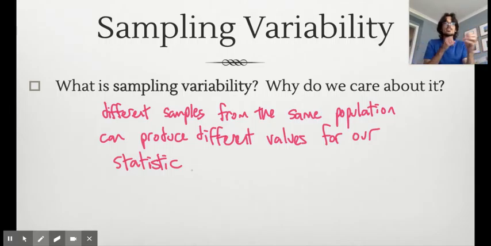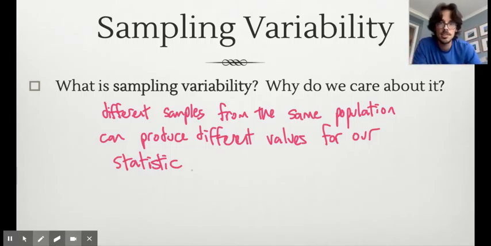So there's going to be some difference between your version and my version, even if we're pulling from the same population. That's the idea of sampling variability. It doesn't mean that you or I or anybody did something wrong. It's just kind of common sense that if we pull different samples, we might not get the exact same answer for our mean or our median or our standard deviation or whatever every single time we do it.